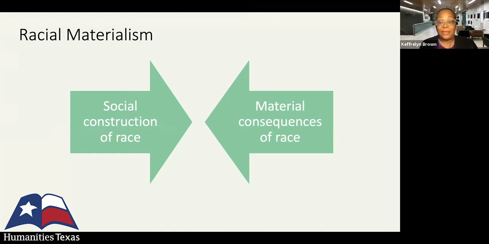We'll talk about that a little bit later in our presentation. But for now, it's important that if we talk about the social construction of race, we also talk about the fact that there's materiality linked to those social constructions. Next slide, please.